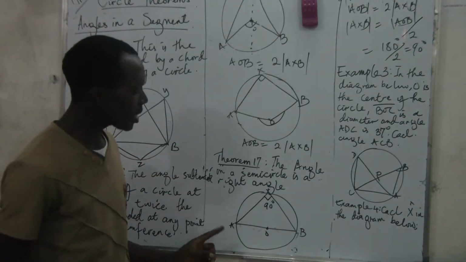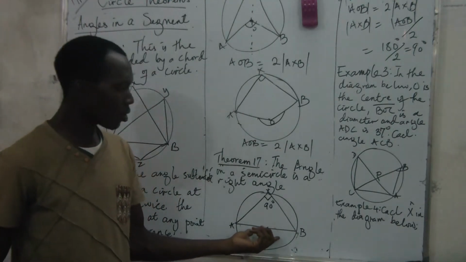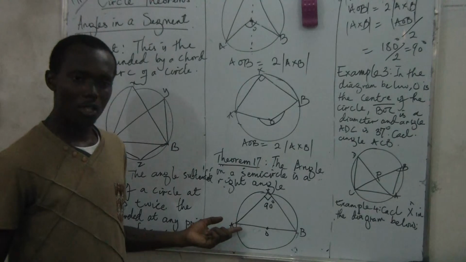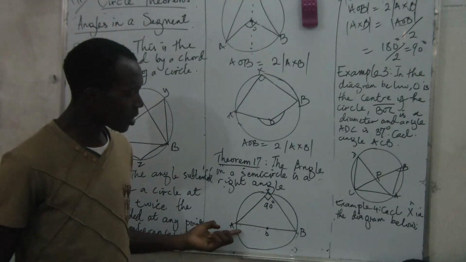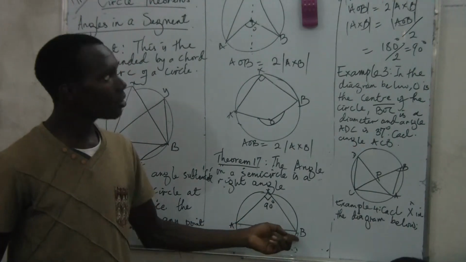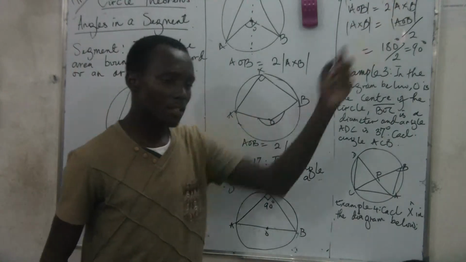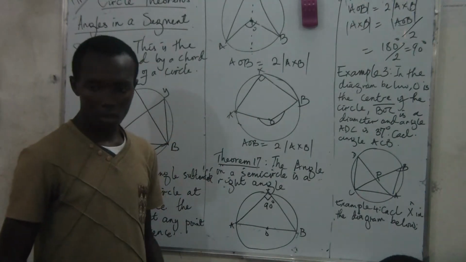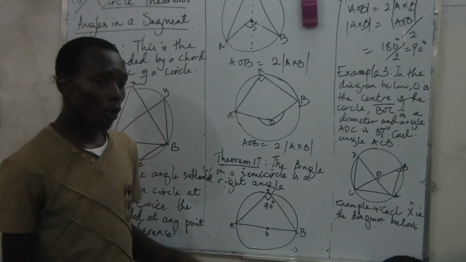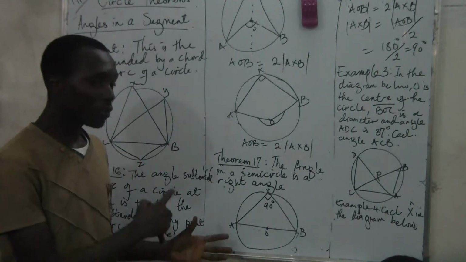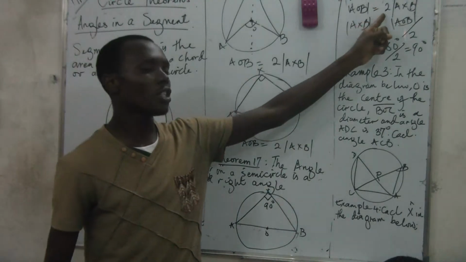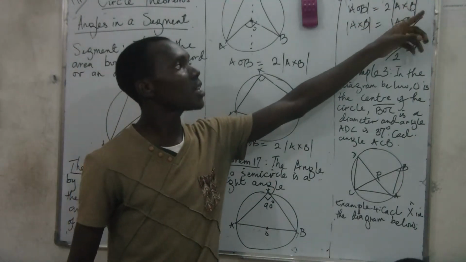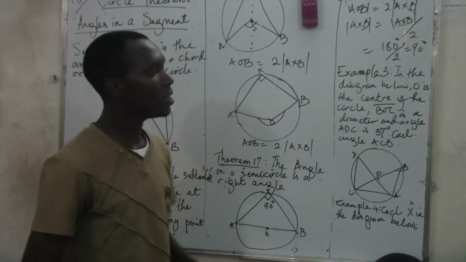So what is the angle subtended at the center of this circle? Remember this is a semicircle. What's the value of AOB? AOB is 180, the angle found on a straight line, which is 180 degrees. And we can recall from theorem 16, the previous theorem, that AOB is equal to 2 times AXB.